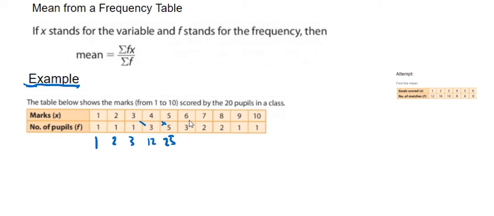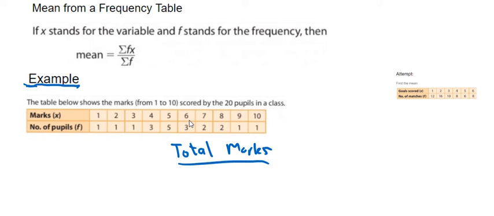So let's go back and think about what the mean means again. The way we're going to work out the mean is by adding up the total marks. So we'll have to go through each of these and add up the total marks, and then divide it by the number of pupils. That should make sense.